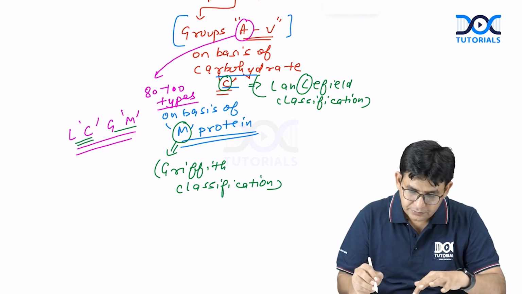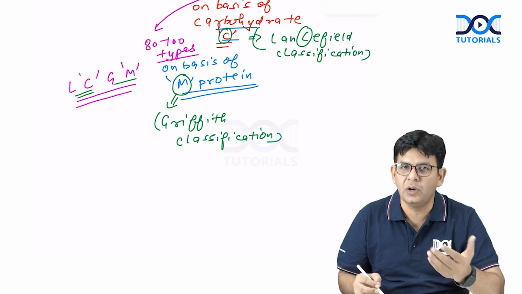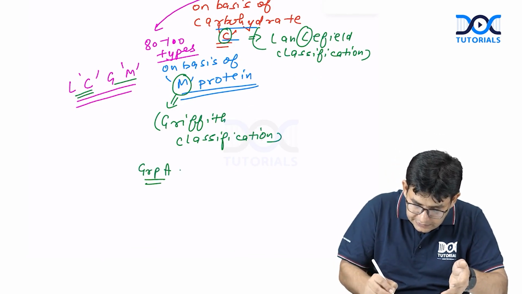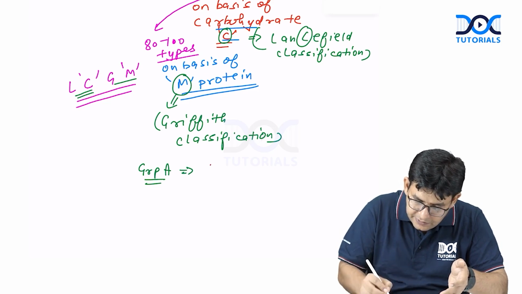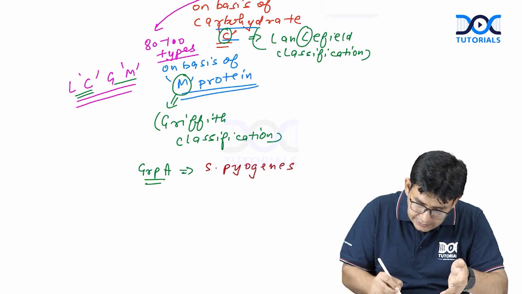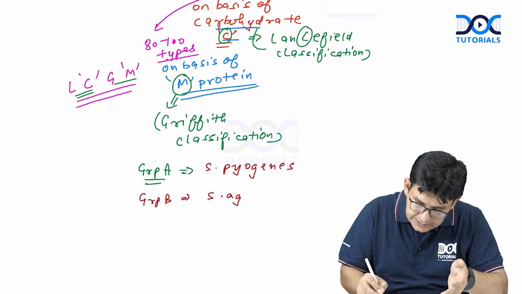Now, these groups A to V, no need to remember all the names. What you need to know is what is in group A. In group A, we have Streptococcus pyogenes. In group B, what do we have? We have Streptococcus agalactiae.